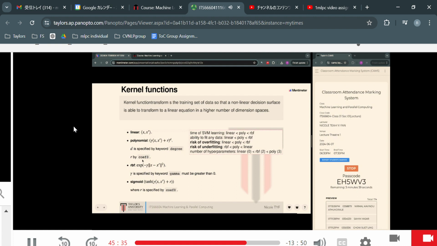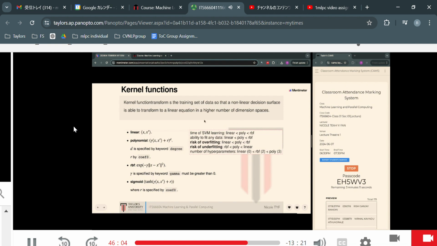There are some guidelines to choose this kernel function, but ultimately we will be testing it out using a trial and error method between linear, polynomial, and radial basis function. The time that it takes for this SVM to learn, in increasing order, is linear, polynomial, and radial basis function.